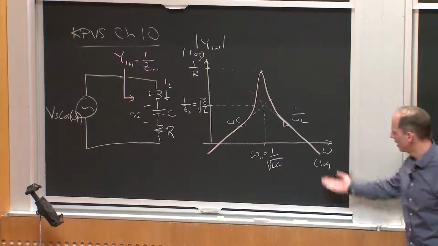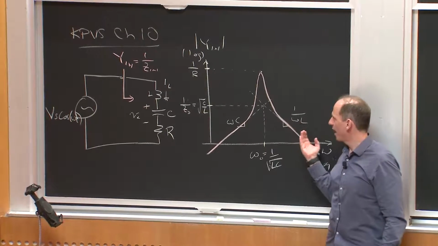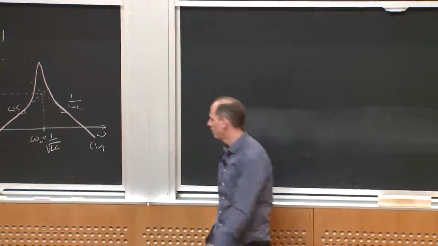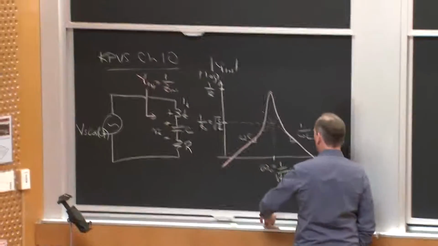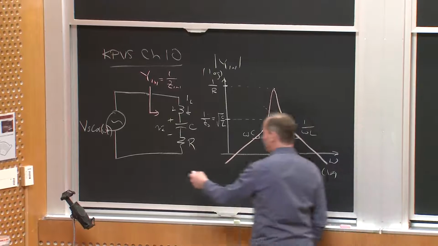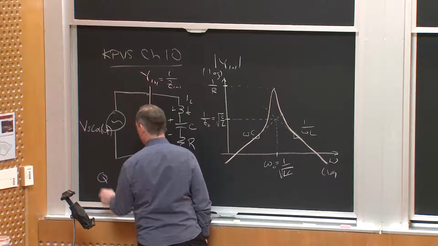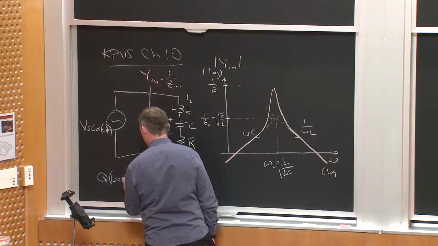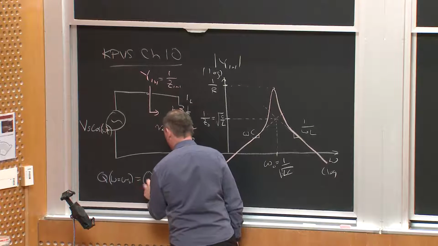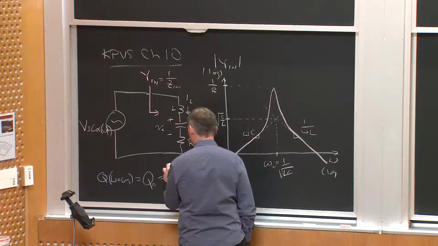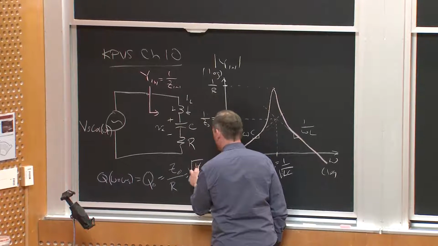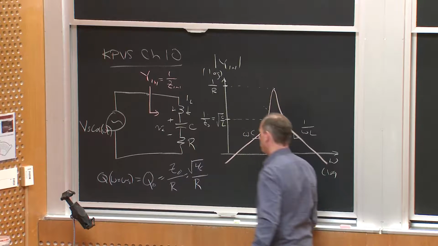And we said, okay, if we have a high Q network, a high quality factor network, which we said the quality factor Q of the network evaluated at omega equals omega naught, which we might call Q naught, is equal to Z naught over R, or the square root of L over C over R, okay?